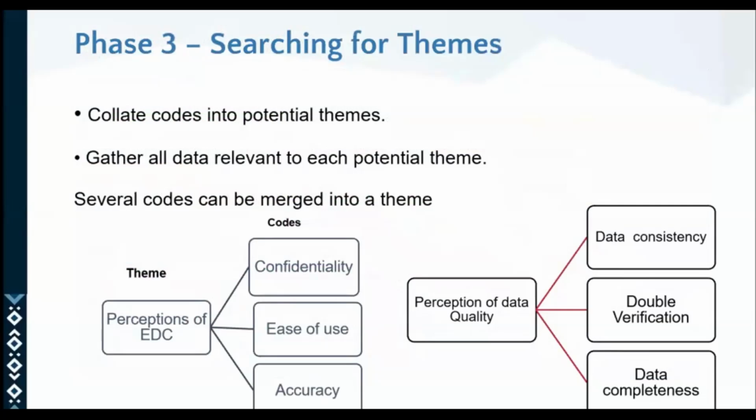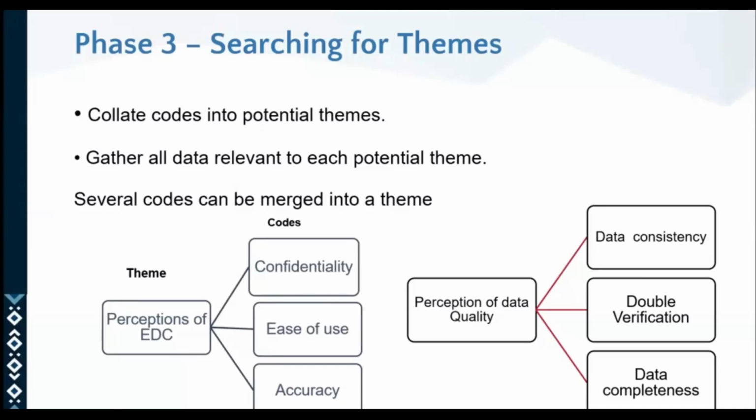So in this phase, we're going to be generating the themes. When we say generating, it means that it comes from you, because you're the person that's supposed to create the theme based on your data or the codes that you see that have emerged in your data. And all of this should come from your data.